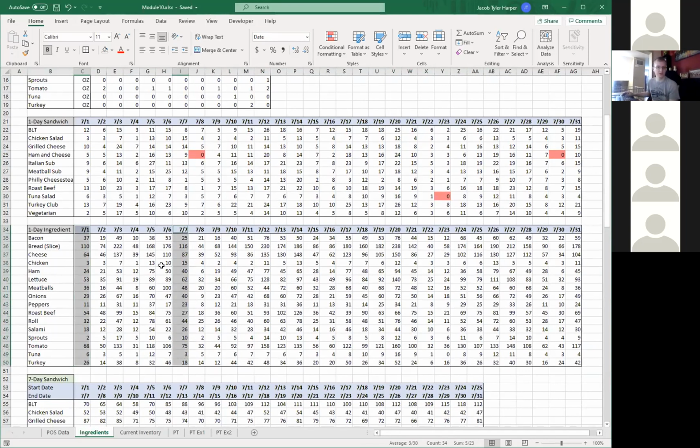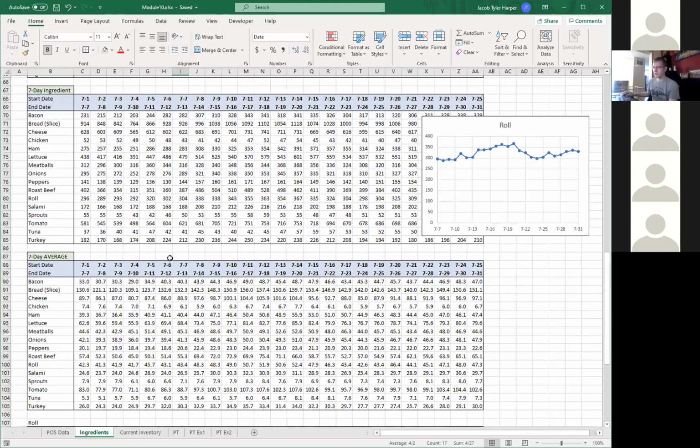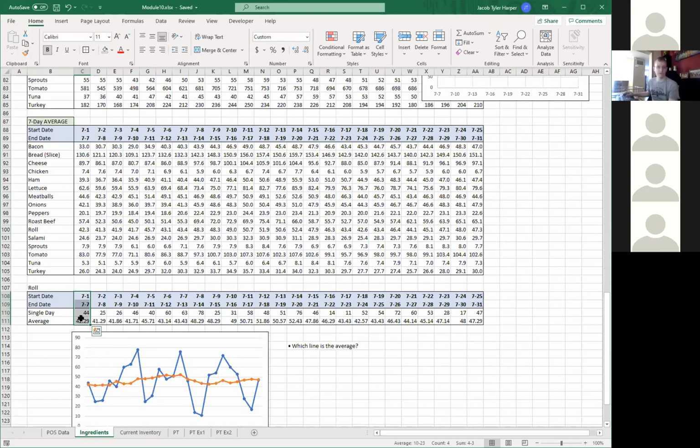Are you using the 1st or using the 7th? In that case, they want you to use the end date of that 7-day stretch. So make sure that this column, the July 7th column, is actually the first number that you compare it against. Otherwise, your graph is sort of shifted by 7 days.